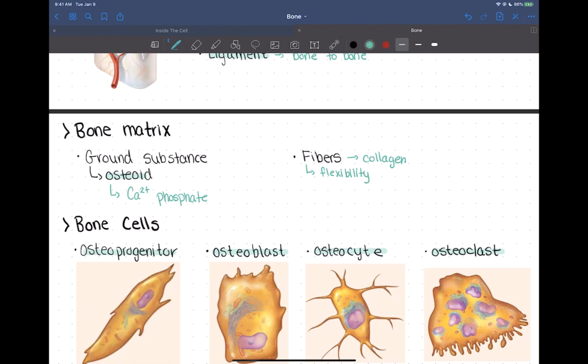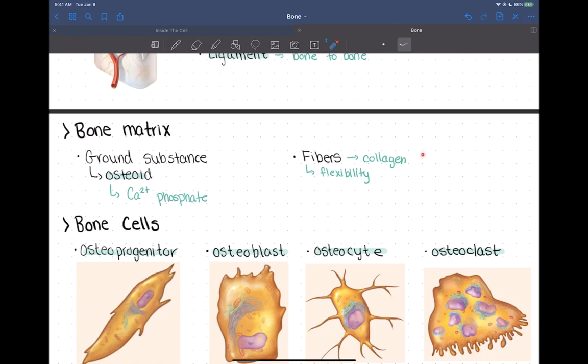Okay. And so if you didn't have one or the other, so if we didn't have calcium phosphate in our bones, all right, they would just be really flexible. They actually would almost just be kind of like rubber, because all you would have is this collagen. So you just have kind of these rubber band type bones, all right, which are not going to be very helpful for holding us upright and providing support.